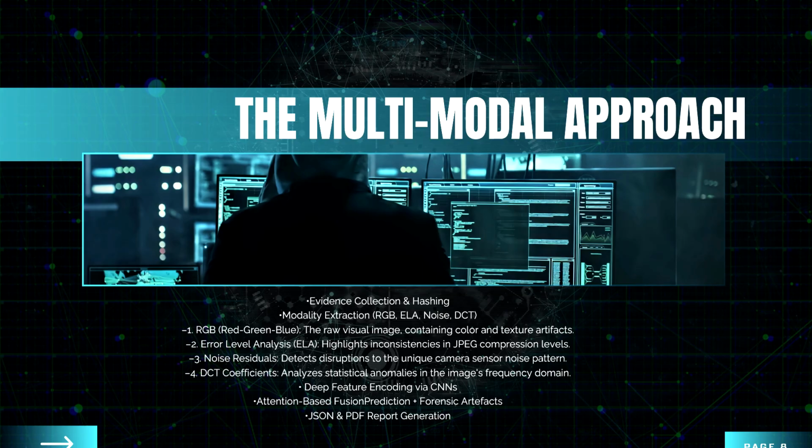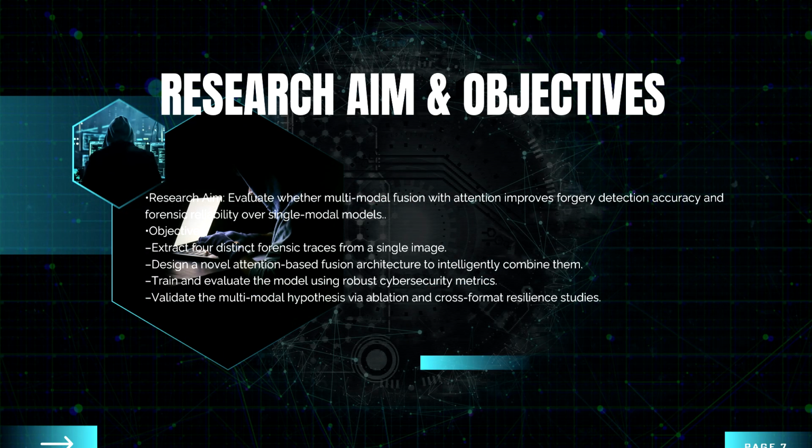This is a multimodal approach where we are using four main forensic streams: RGB, ELA, noise residuals, DCT, and others, which have a significant impact upon forensics. So this emphasizes forensic complementarity. For example, an image having perfect RGB consistency but a telltale noise pattern can help us identify if the image is tampered or not. The same is true of all the other modules, which I'll be explaining shortly.